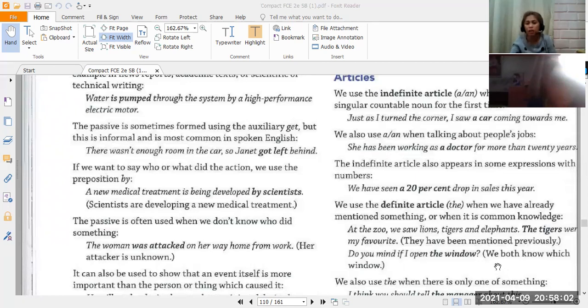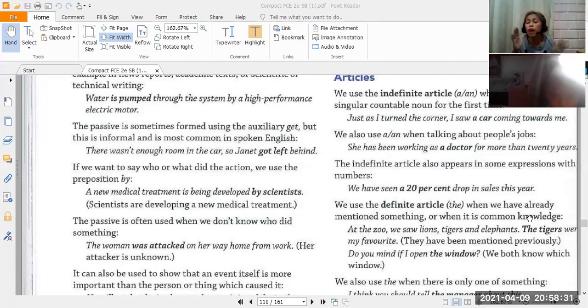It's unique. At the zoo, we saw the lions, the tigers, and elephants. So the tigers were my favorite. The here, they have been mentioned previously. This is another rule. If we use the definite article the, it means we already mentioned it. Like at the zoo, we saw lions, tigers, and elephants. That tigers, so it means we only repeat.